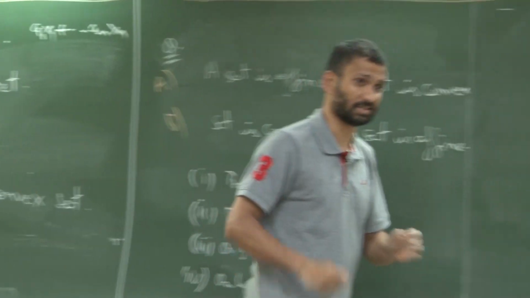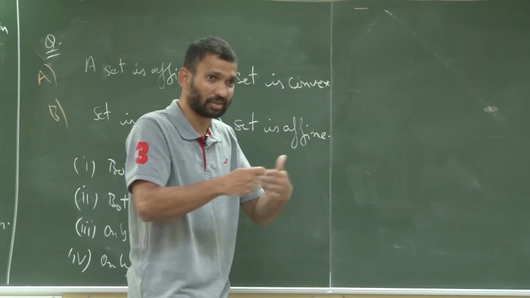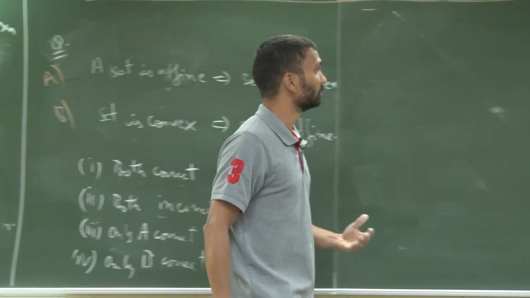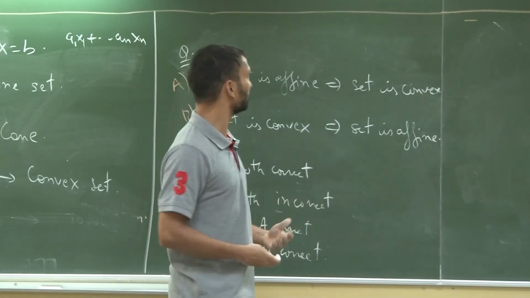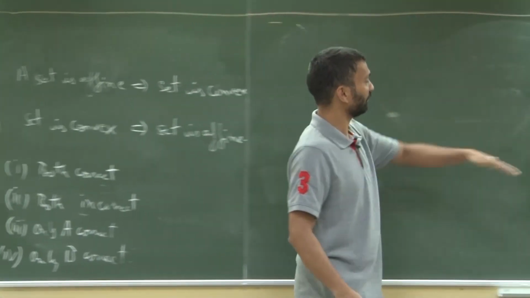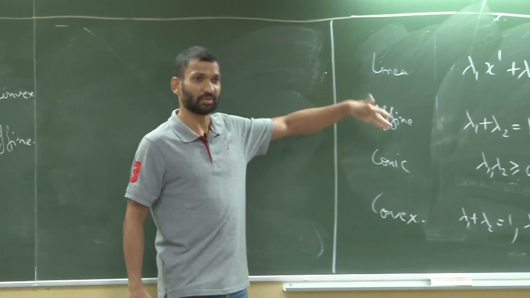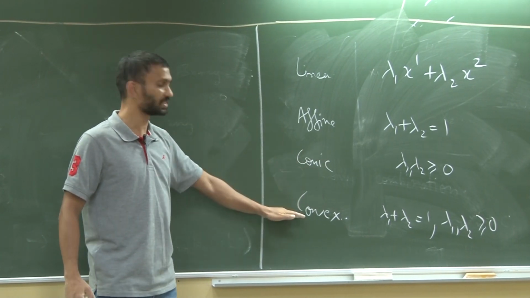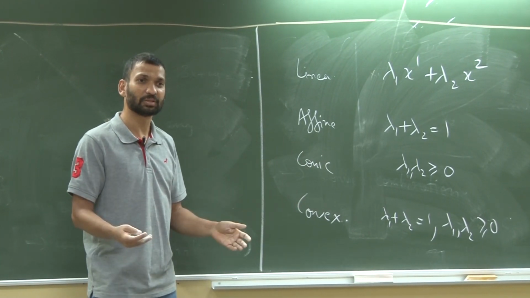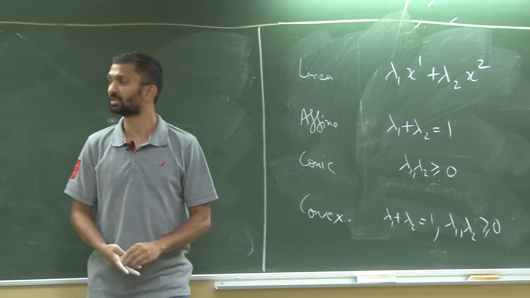This confusion is natural, but we should remember all these sets we will describe in two ways. So now you know an affine set is something which contains every affine combination. A convex set is something which contains all the convex combinations.